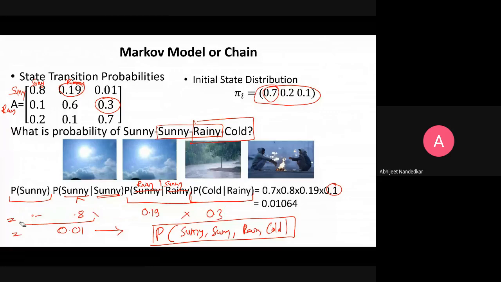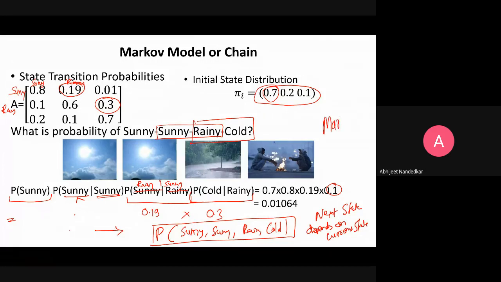It's very simple, I hope you can understand this. It's very straightforward. The only thing you need to remember is that if the next state depends on the current state, then it is a first order Markov chain.